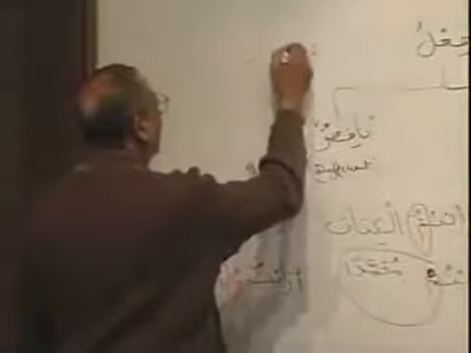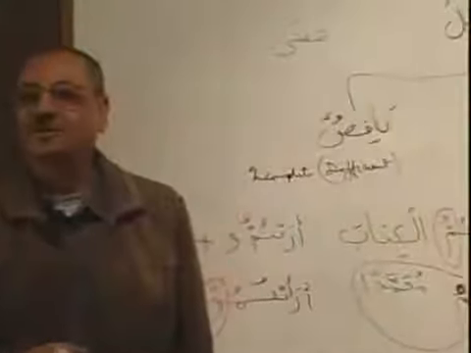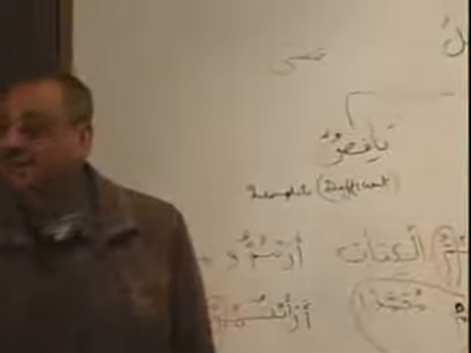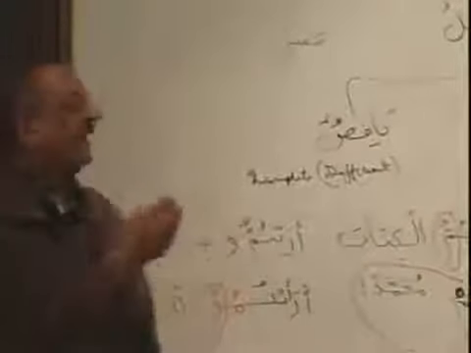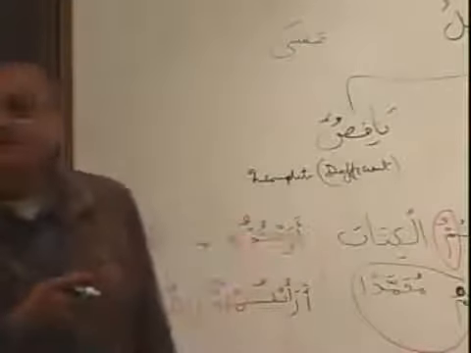A new word again. Remember? I will write down. I did write down yesterday. I will write down again today. Brothers and sisters, masha. What is the root? Mashaya. So that alif is actually ya.